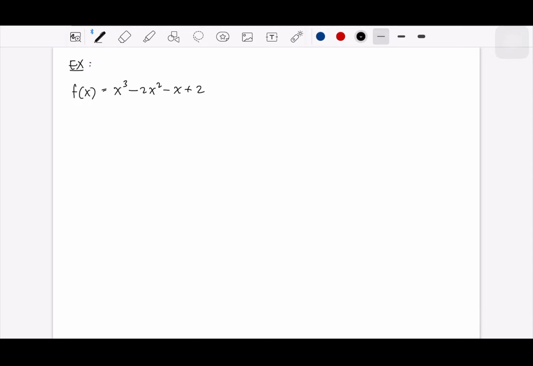Let's say we have these functions, and then find the possibilities on how many positive or negative real zeros these functions have. And the second question is to determine the real zeros.